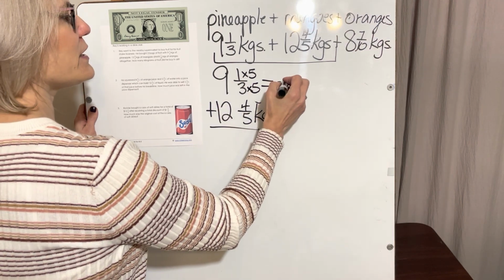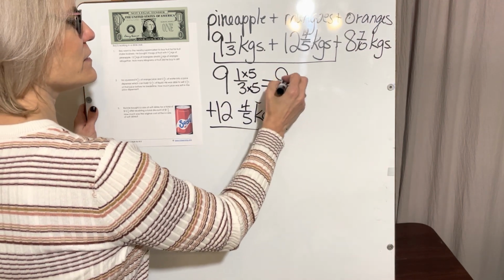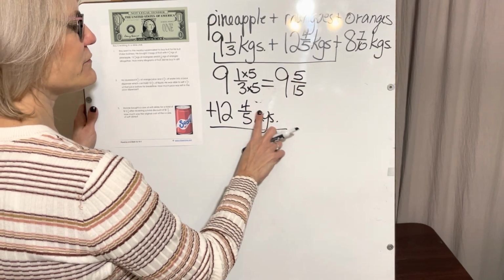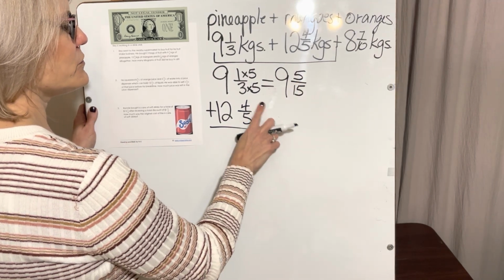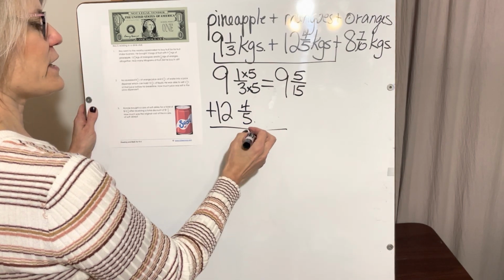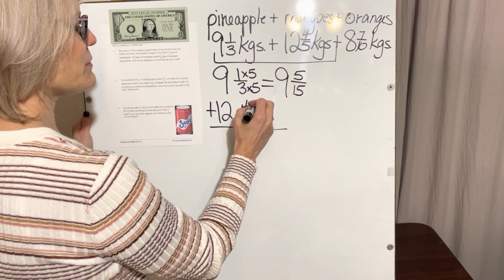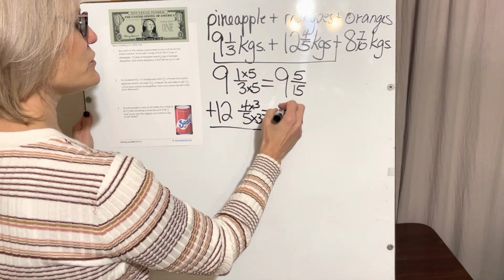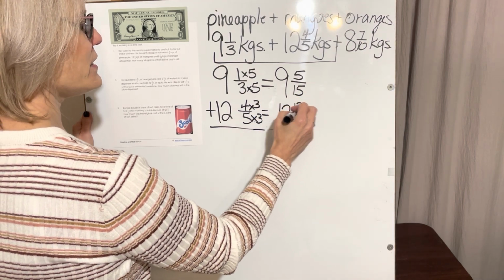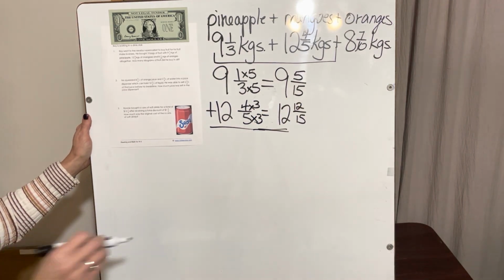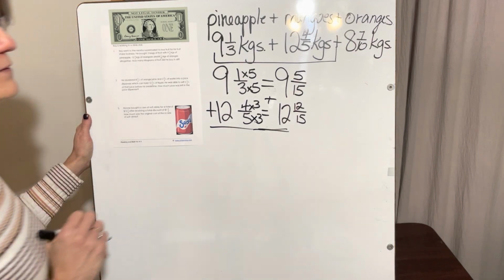So now I'm going to go ahead and rewrite this. 9 5/15, which remember is an equivalent fraction to what I originally had. When I count by 5s, 5, 10, 15, I count 3 times to get my 15. So this would be 12/15. All right, I have to remember that I'm adding, okay?